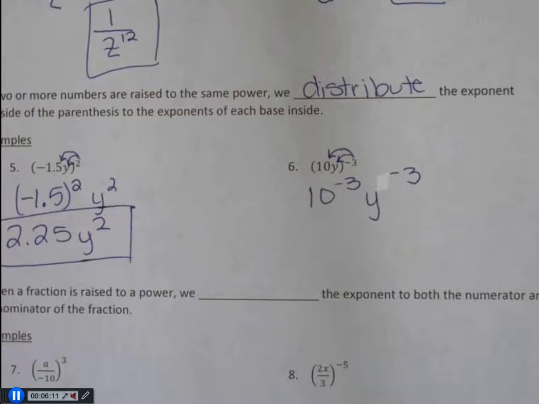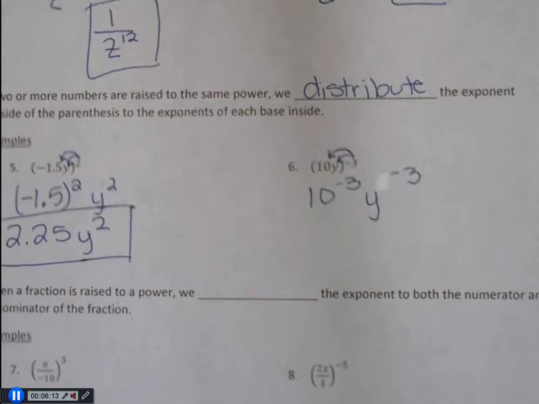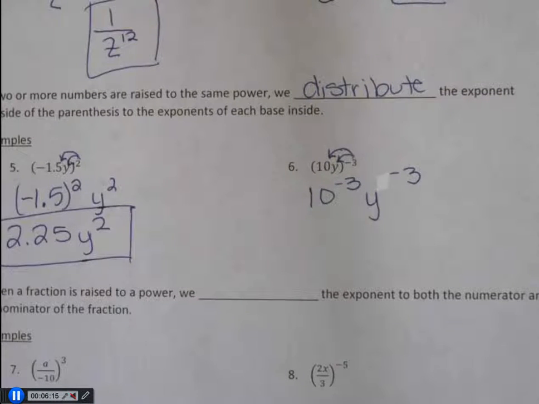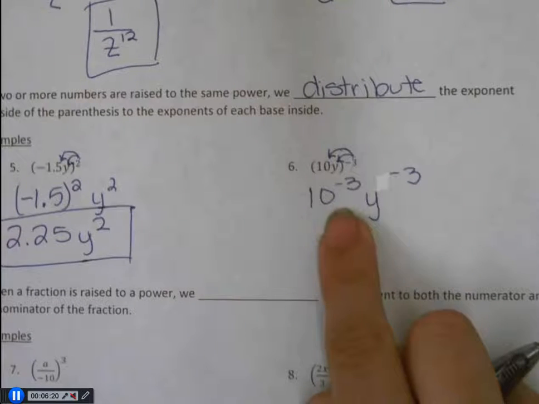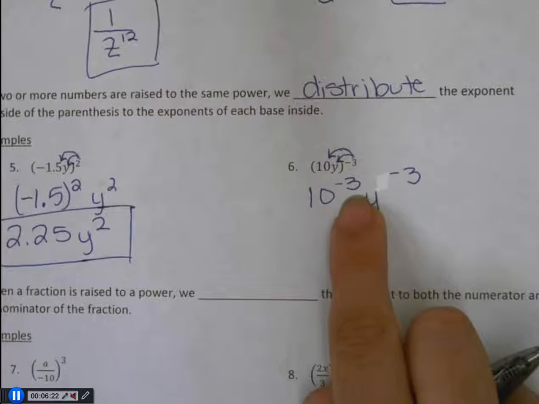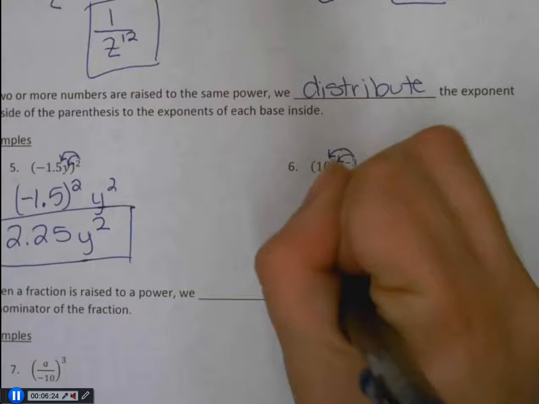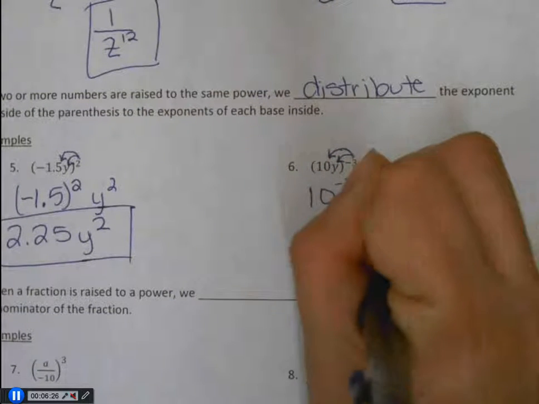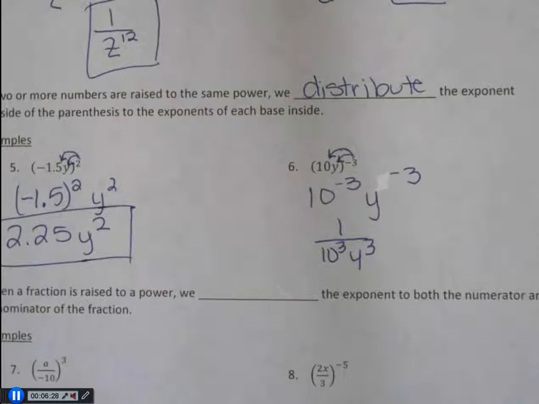Okay, so should I leave both of them like this? So what does the negative 3 mean? It's a fraction, so I'm going to first change both of them so it looks right. Should I leave it like 10 cubed?